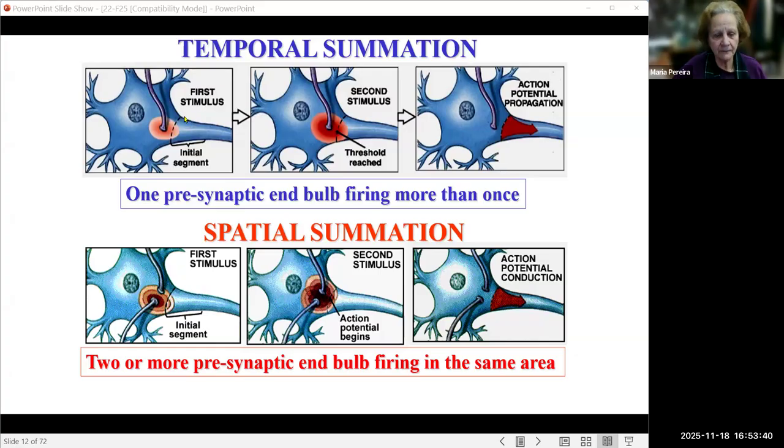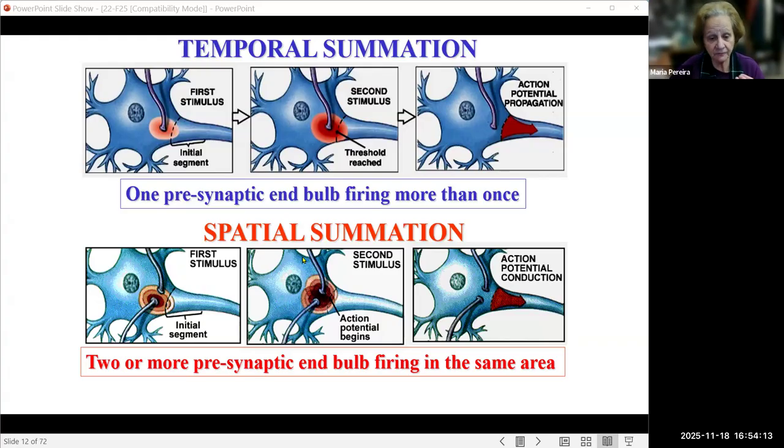You're adding up the effect of one axon terminal that is frequently stimulating or releasing the neurotransmitter, firing. It's frequently firing. Here, the spatial summation, you have now two axon terminals, and the two of them are firing at the same time, and therefore each of them is contributing a little bit to depolarization.